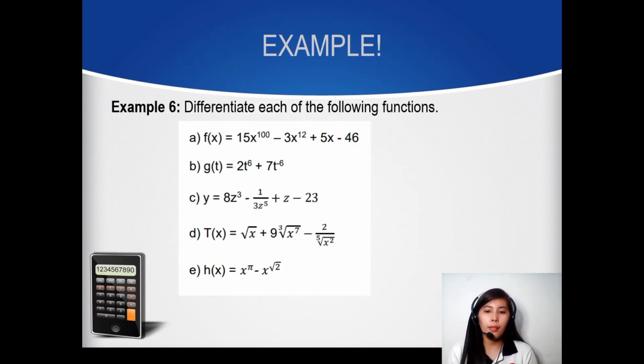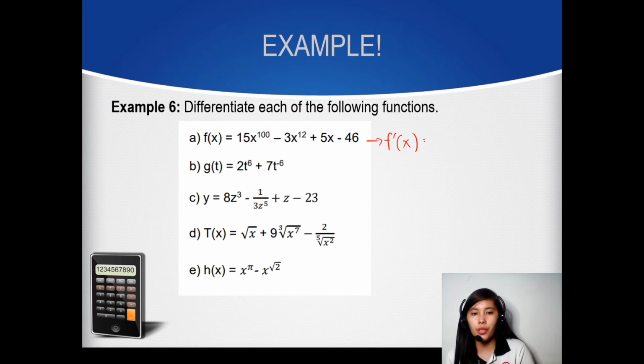Now let's apply the differentiation formulas here. So f of x equal to 15x raised to 100 minus 3x raised to 12 plus 5x minus 46. So the derivative of this one, applying the differentiation formulas, we have here x raised to 100.